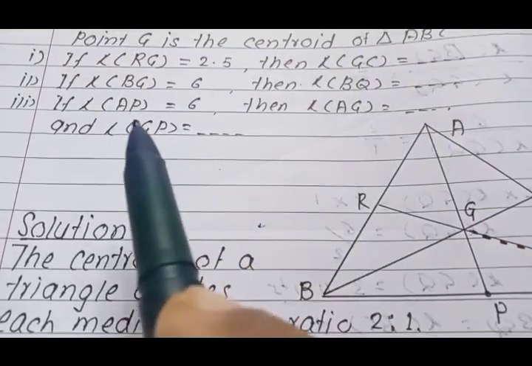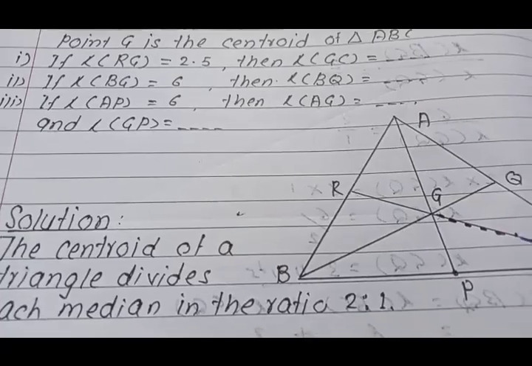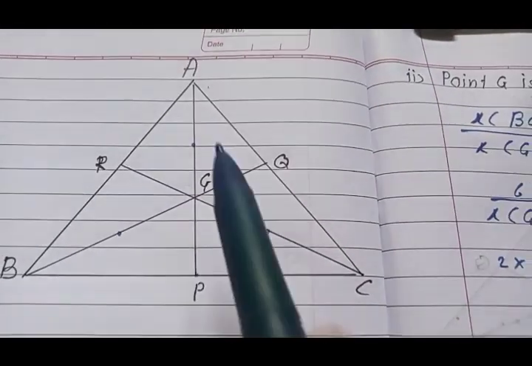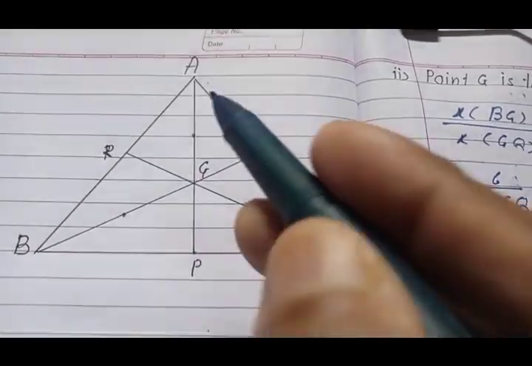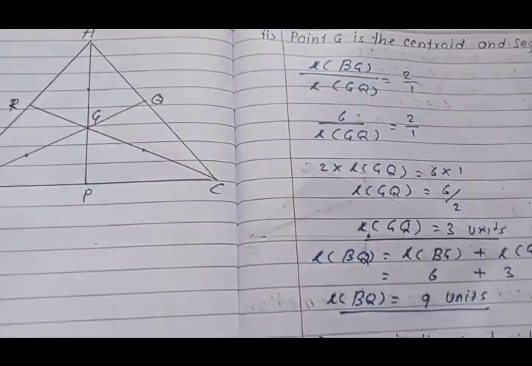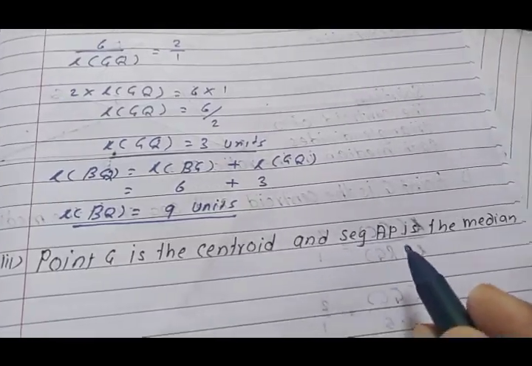Number 3. If length AP equals 6, then find length AG and length GP. Here GP is 1 part and AG is 2 parts, total 3 parts. Point G is the centroid and segment AP is the median.